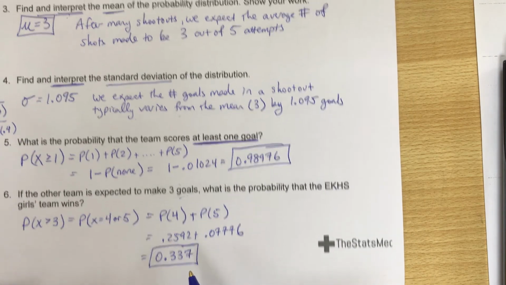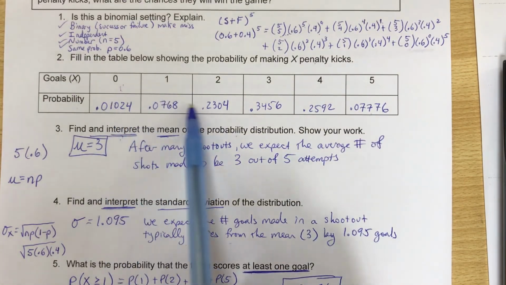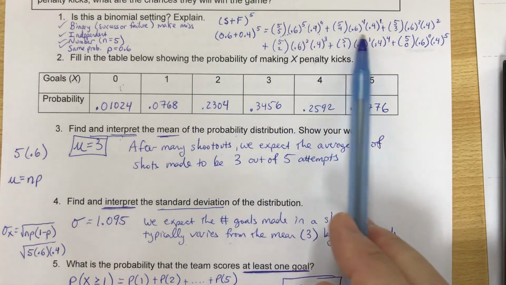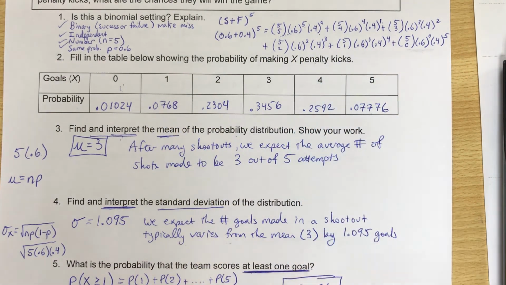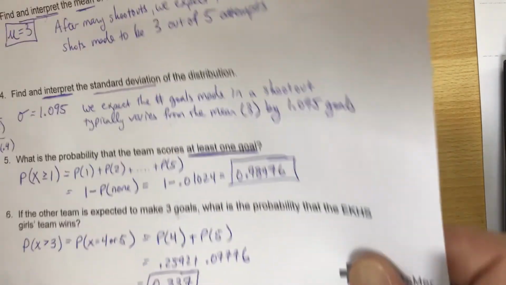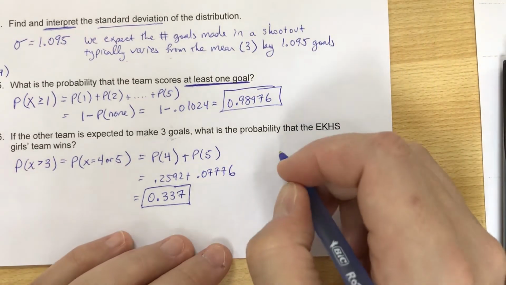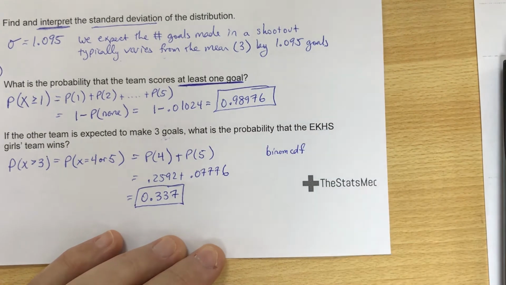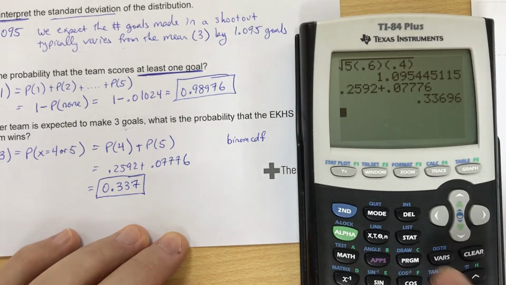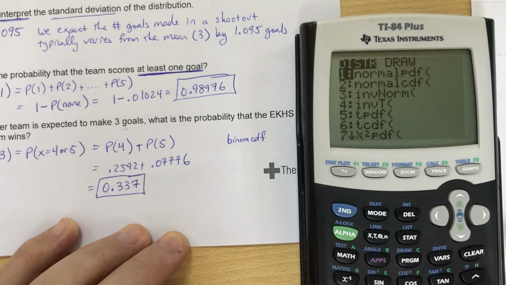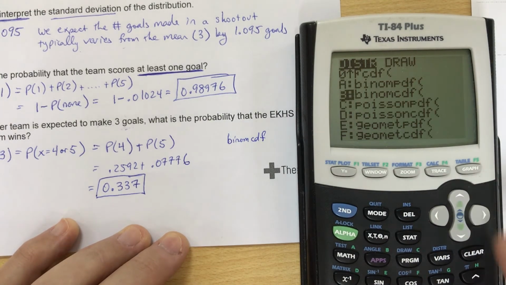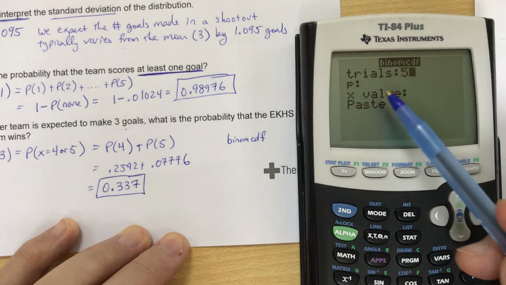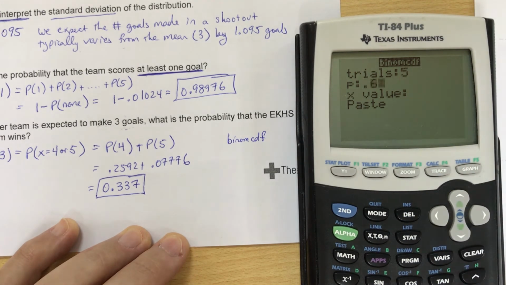We could also have done this. Let's say we didn't want to calculate all these out individually, because that would take time to work all of this out, even using binomial PDF. Well, we could do binomial CDF. Now, on my calculator, when I go to distribution, binomial CDF, out of 5, the probability of a make is 0.6.